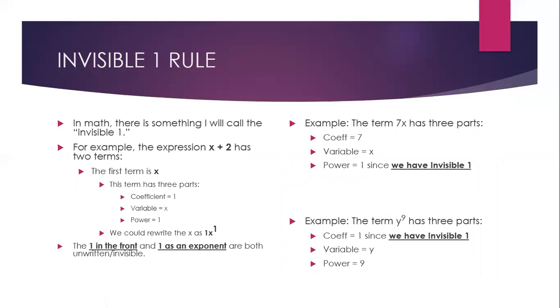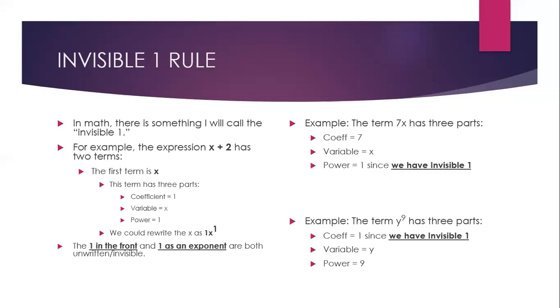All right. Now let's get into a special rule we have. In mathematics, because we're not English majors, we don't often like to write a whole bunch of stuff. So we use a lot of shorthand. In fact, sometimes we even just leave things off because when we know something, we don't have to write it out.